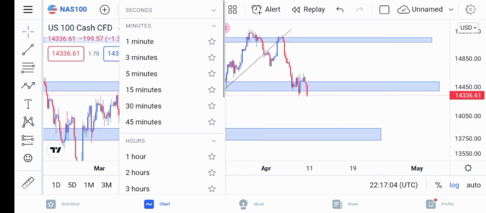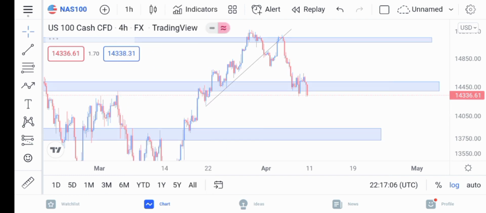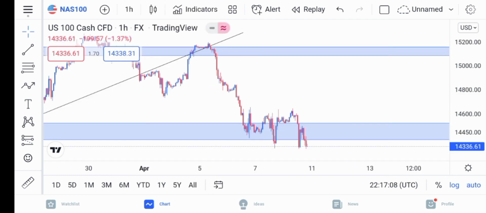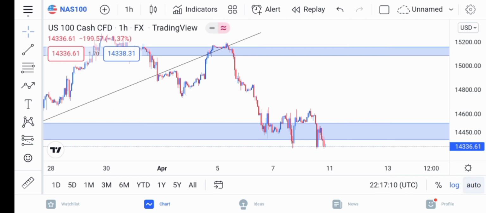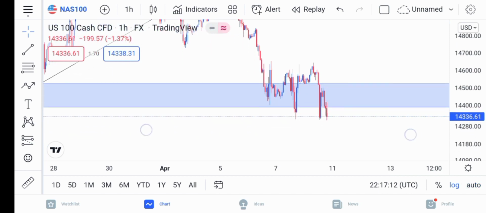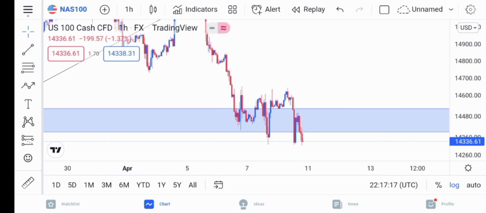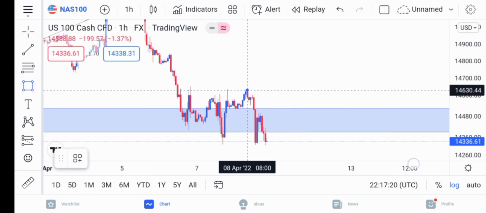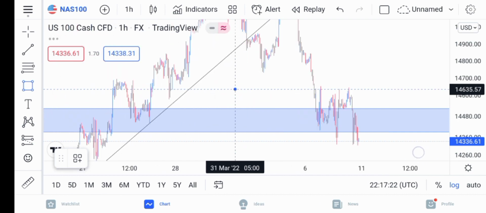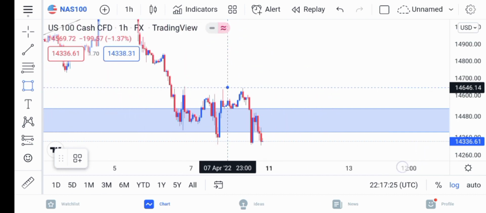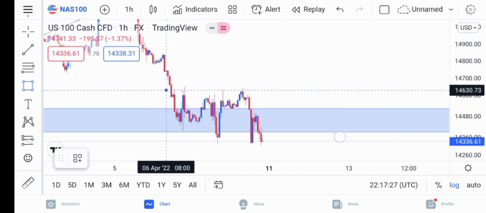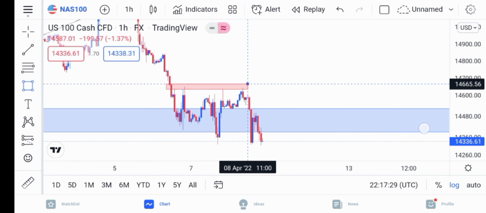Let us move to the 1-hour time frame, because there's nothing much happening on NAS100. Okay, let me see. So currently what I'm seeing is NAS100 respecting this area here a lot.